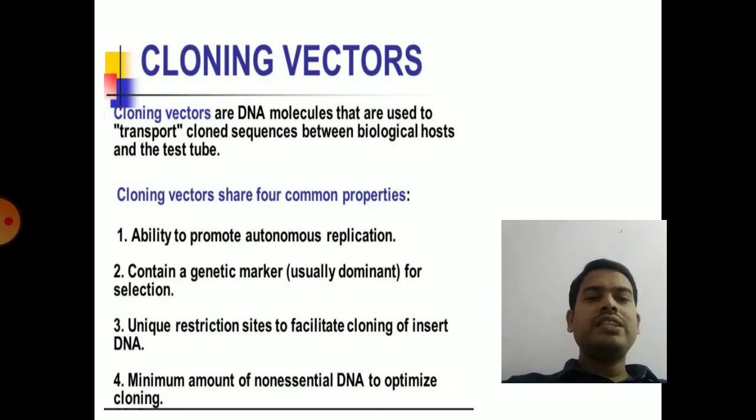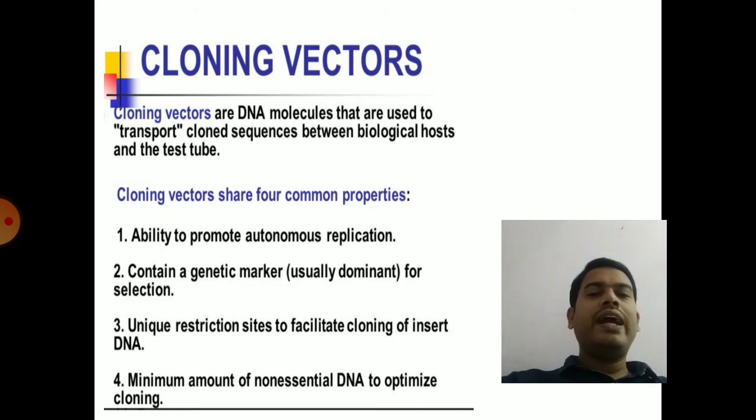So these are some characteristic features of cloning vectors. They contain an origin of replication, so the ability to promote autonomous replication. Irrespective of the main chromosome or DNA, they will carry out their own process of replication if they contain an origin of replication. They contain a genetic marker for selection.